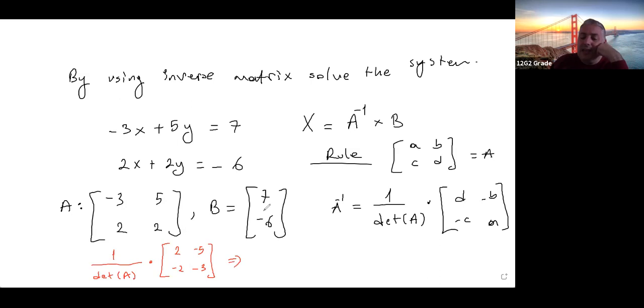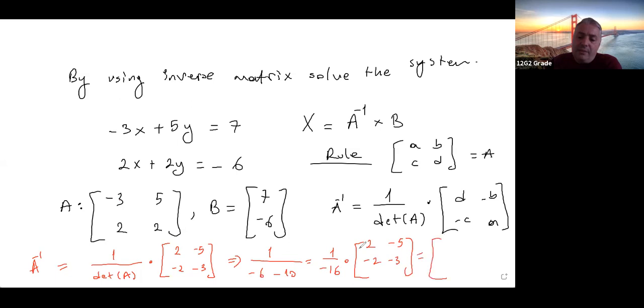So what I need right now to find the inverse is the determinant. What is the determinant? -3 times 2, -6, minus 5 times 2, which is 10. So it will be 1 over -16, multiplied by 2, -5, -2, and -3.